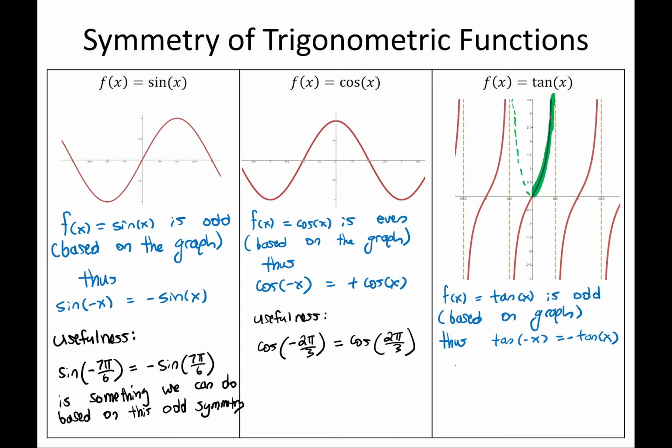Well, I'm going to add a comment here. Recall that tan of x is sine of x over cosine of x. Sine of x we said was odd. Cos of x we said was even. Odd divided by even is odd, which may have been a property you talked about in a previous math course, usually grade 11.